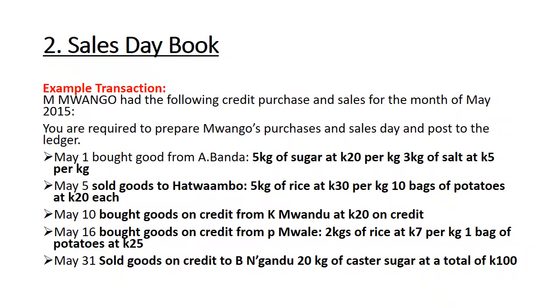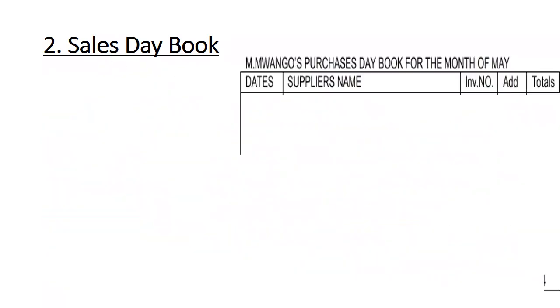If you see here, there is a mixture of purchases, sales, purchases, sales. So we're going to acquire the skill of differentiating sales from purchases. We're going to start with the purchases daybook.